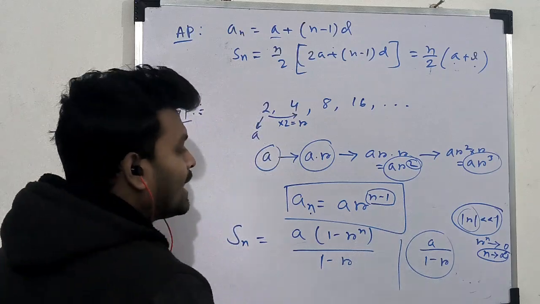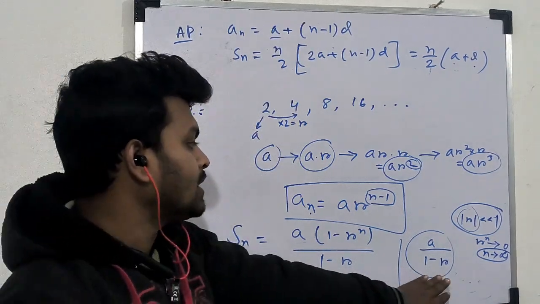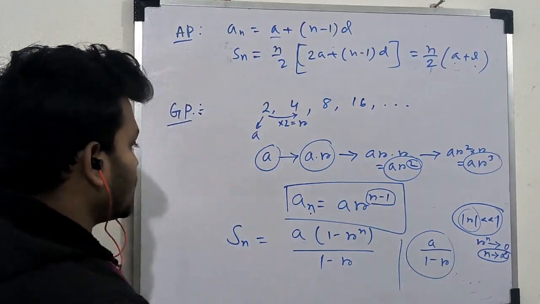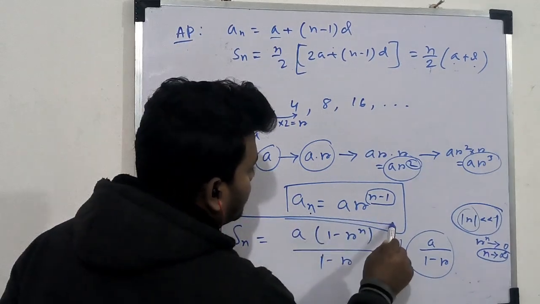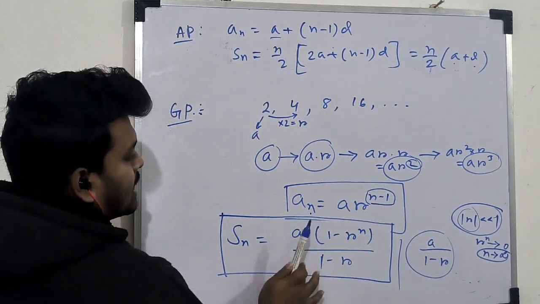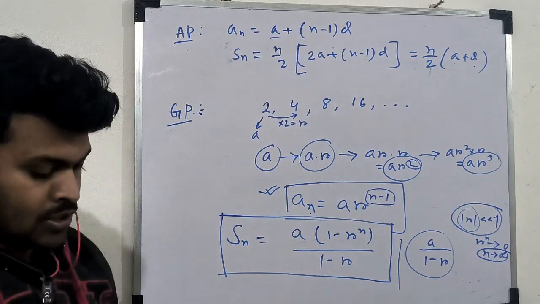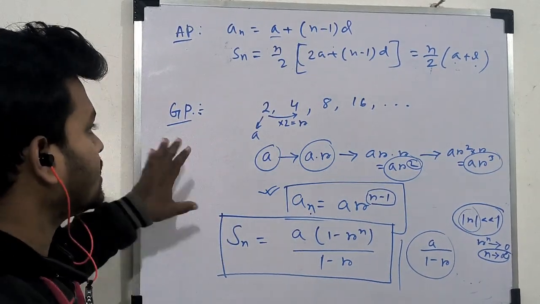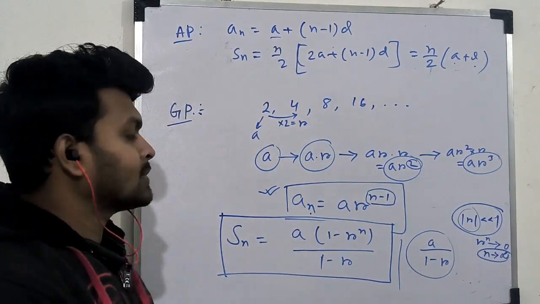So the sum of n terms in a GP series will be this if r is very small. So generally the sum of n terms in GP is this and the nth term is this.